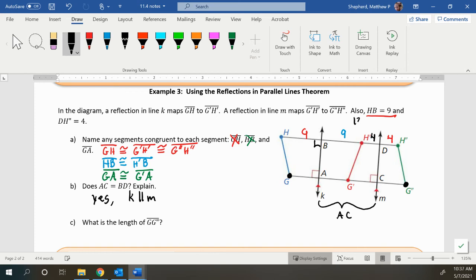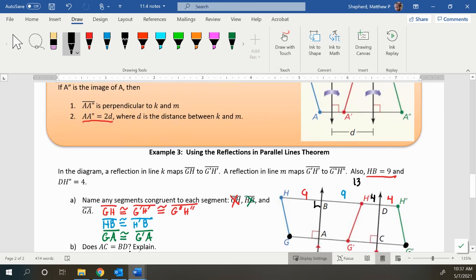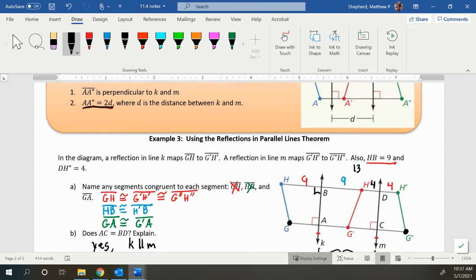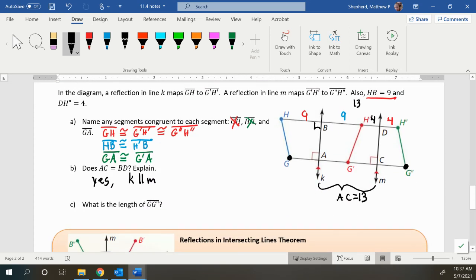So BD must be 13, which means AC must be 13, which also, from what we learned above, to find the distance between 2 points in this translation, it's just going to be double whatever the distance was there. So I don't need to know all of those distances. If I know the distance between K and M is 13, G to G double prime must just be double that. So the length is going to be 26 units.